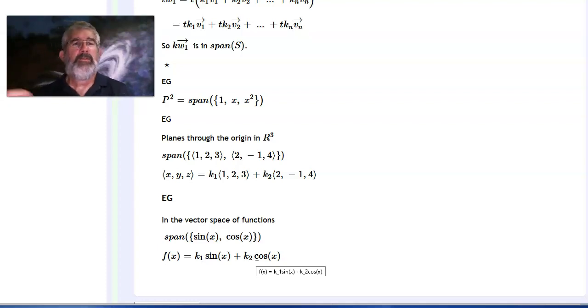So visualization for me in all of this comes down to how does the corresponding thing look like in R2 or R3 for whatever vector space I'm in? And that gives me somewhat of a visualization of what might be happening over in that other vector space. Anyway, there's a couple of different ways of thinking about subspaces and generating subspaces from other things.